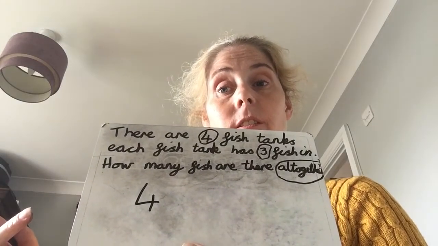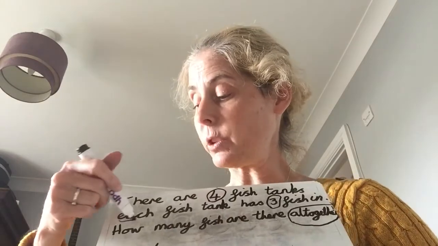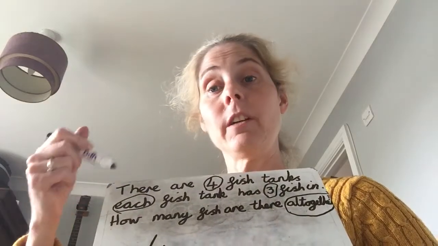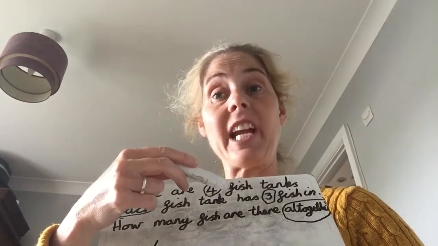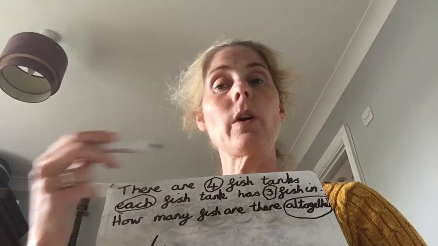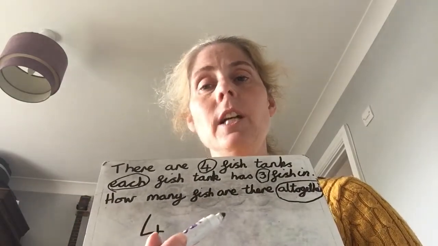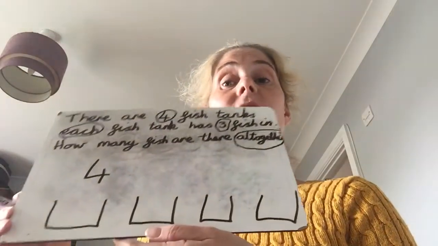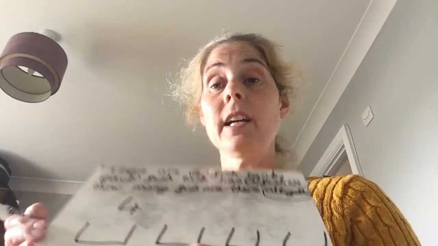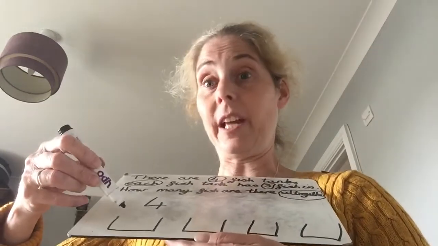Each, that's another important word there. Each fish tank has 3 fish in it. So I know I'm not going to be adding, because 4 add 3 wouldn't work, would it? Because if you think about it, if you draw it out, there's your 4 fish tanks, and it's fine to draw it out. There's your 4 fish tanks, okay, and each one, I'm just going to do circles so you imagine they're fish.